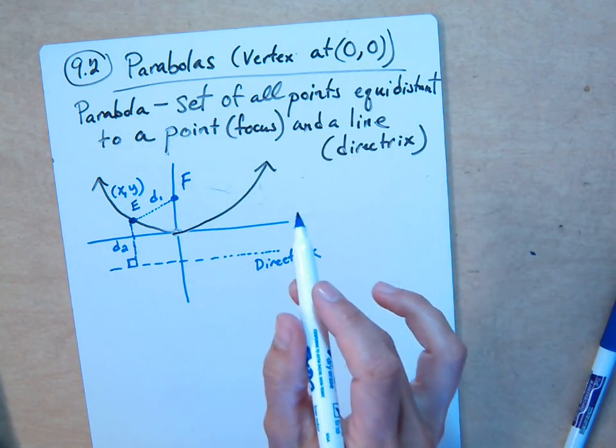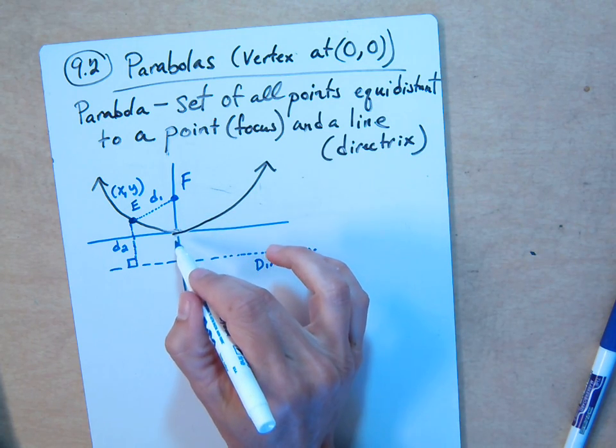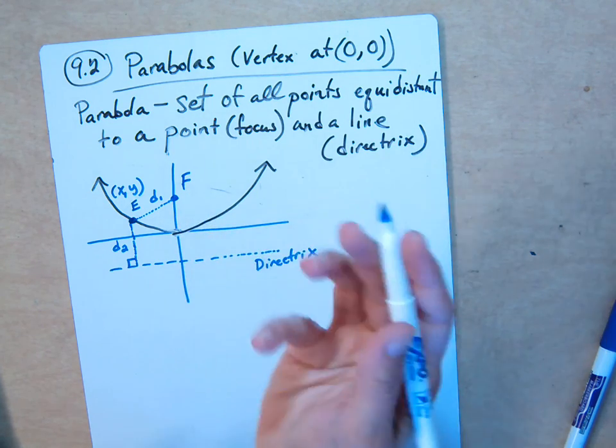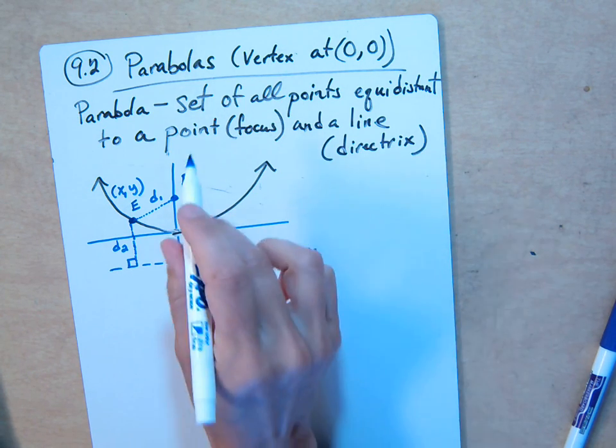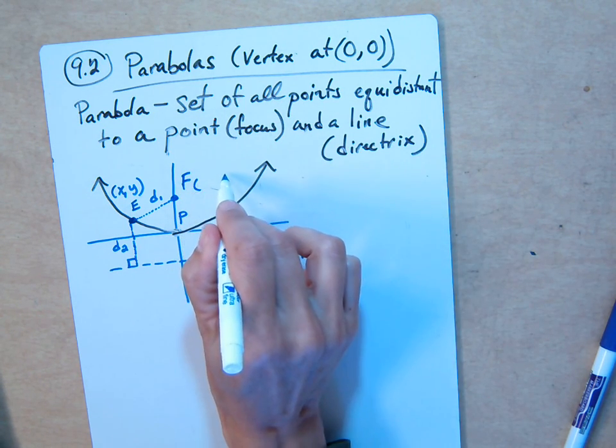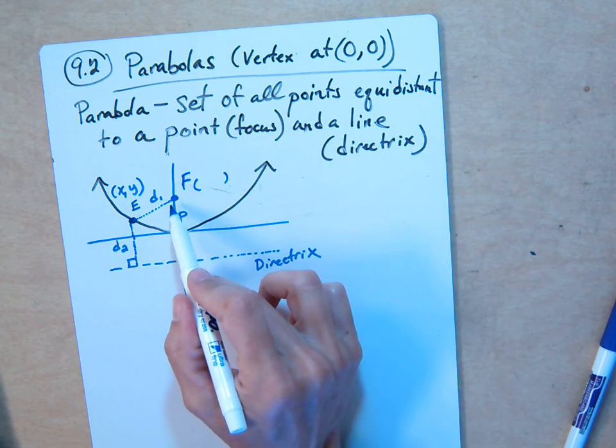This distance from the vertex to the focus, we're going to call that P. So what would the coordinates of this focus point be?